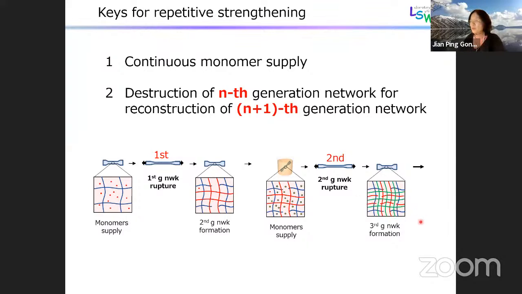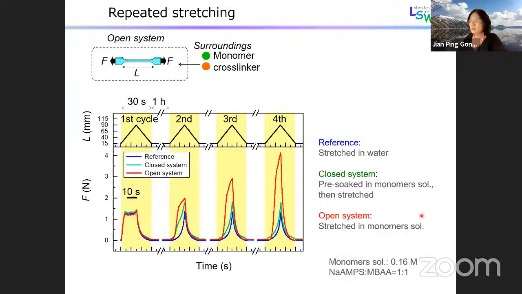So this might be important. Of course, currently we cannot identify which one is the first generation and which one is the second generation, but this must occur in the system to get the repetitive strengthening. So we try to do this with control experiments.